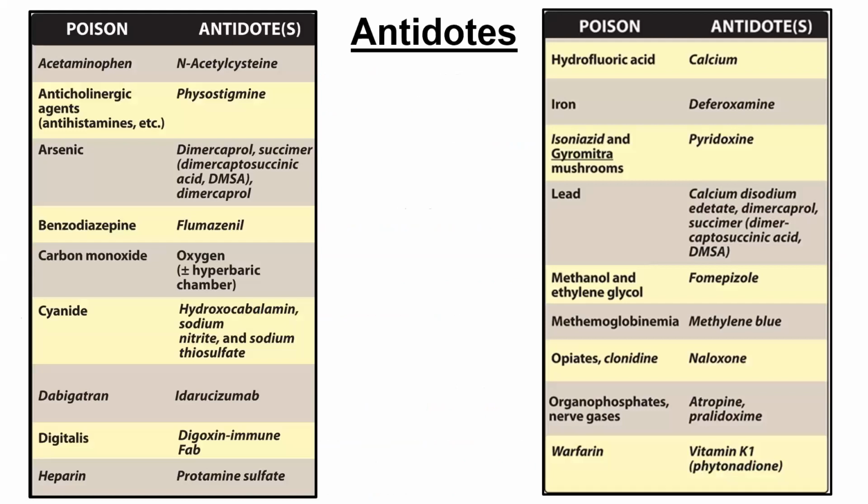And here is a list, again from your book, of different drugs used for different toxicities, the ones we didn't cover. Some we have already covered. We know warfarin is treated with vitamin K. Organophosphates and nerve gases we covered in the autonomic lecture: atropine and pralidoxime. Opioids, naloxone. Methemoglobinemia, methylene blue.